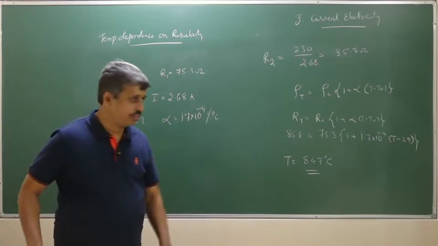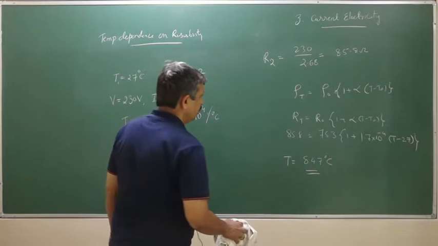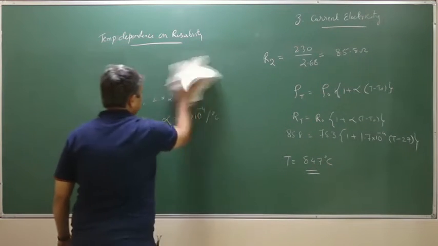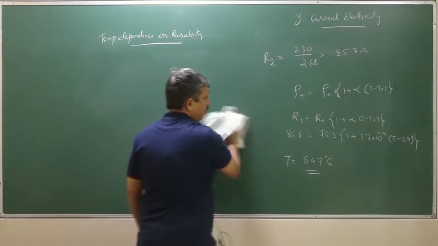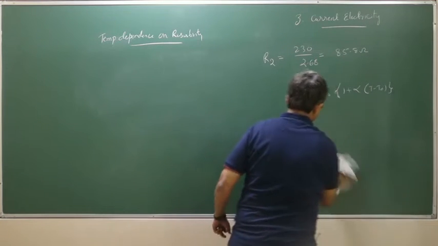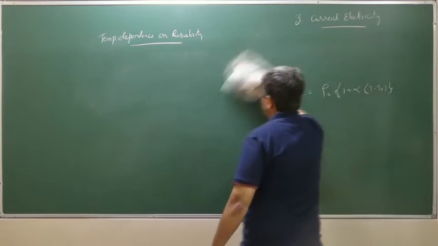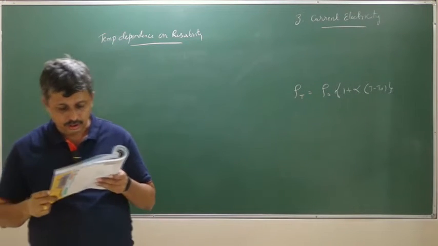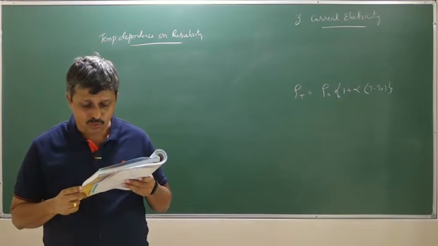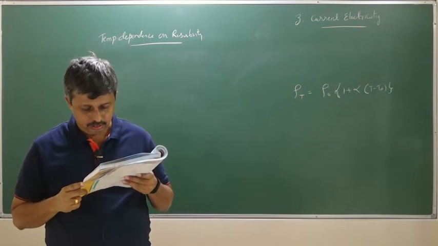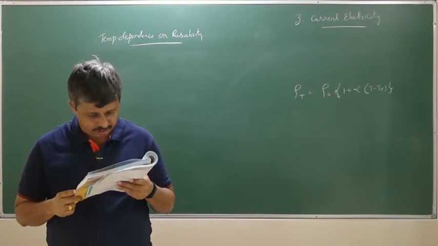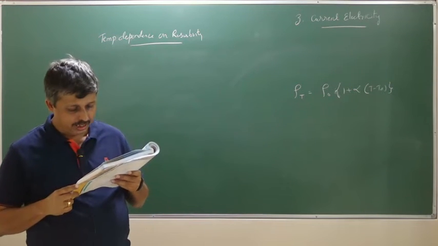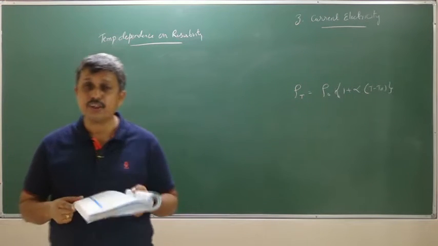So, let us just try one more question before we move on. Take down the second question. The resistance of a platinum wire of a platinum resistance thermometer at the ice point is 5 ohms and at the steam point is 5.23 ohms.